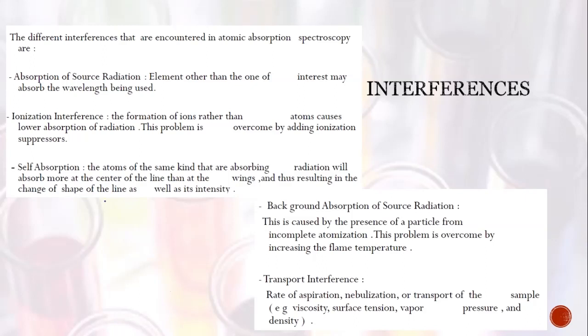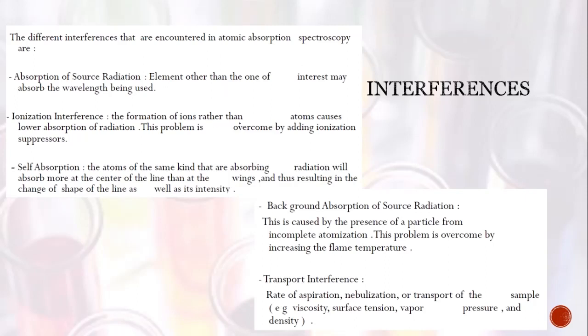function, and some of these interferences are absorption of source radiation. So an element other than the one of interest may actually absorb. So maybe you have lead as your element, but maybe there is some iron in the whole cascade. So that might interfere with your results.